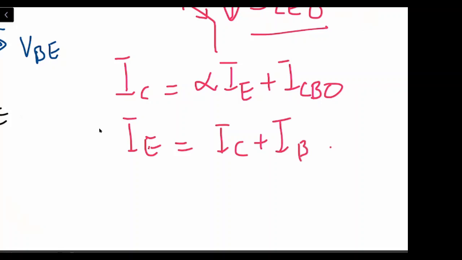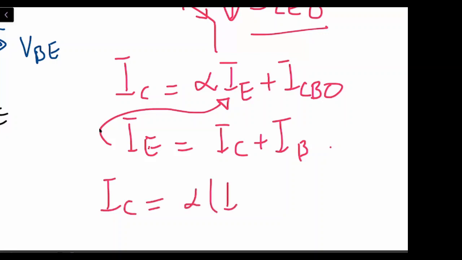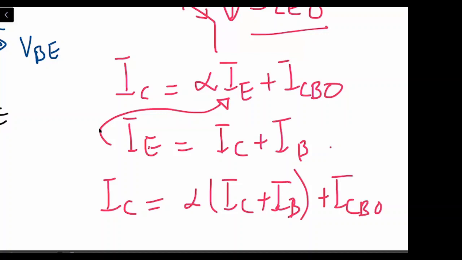So putting the value of IE in this equation over here, we are going to get IC is equal to alpha times (IC plus IB) plus ICBO, right?